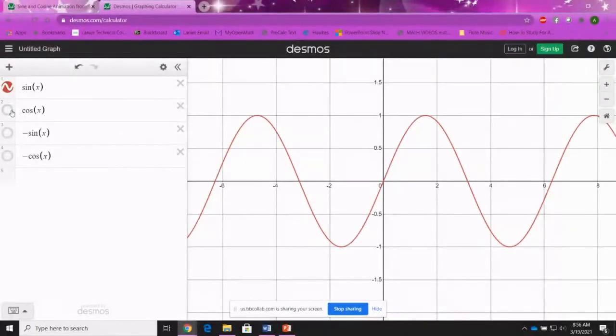Here's what our sine graph looks like. When we are passing through the y-axis, we are at the midline going up. Well, in the graph we were just looking at, we were at the midline but going down. So this might be a sine graph, but maybe a special one.